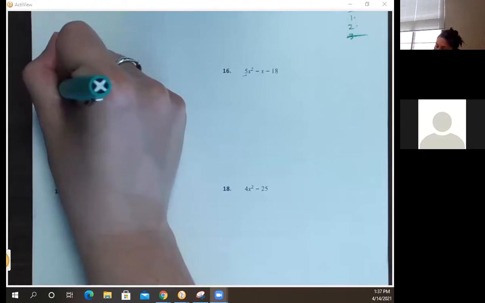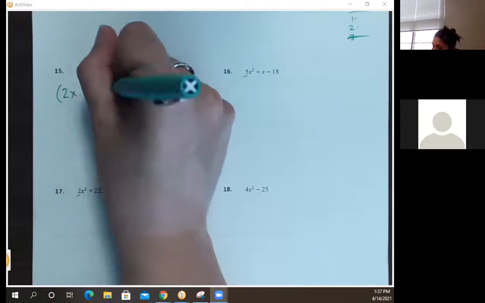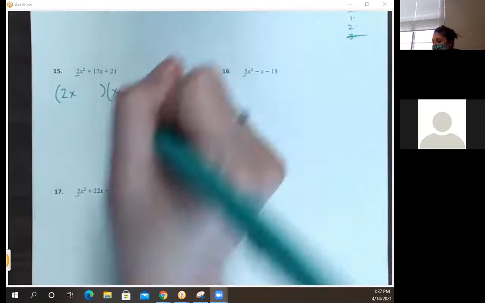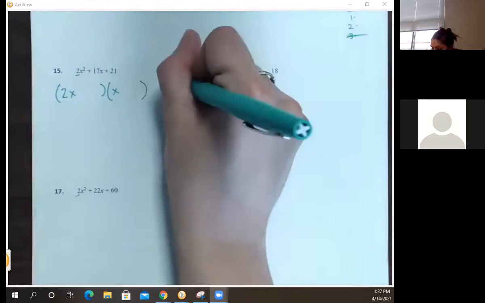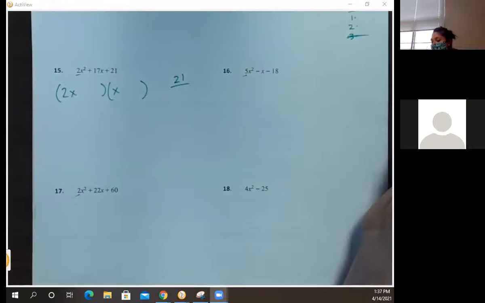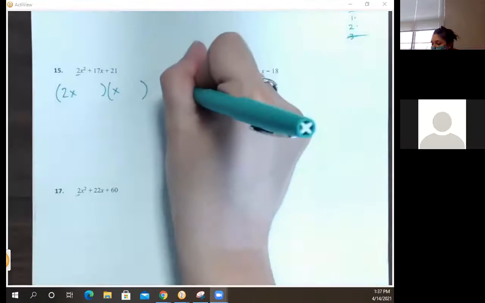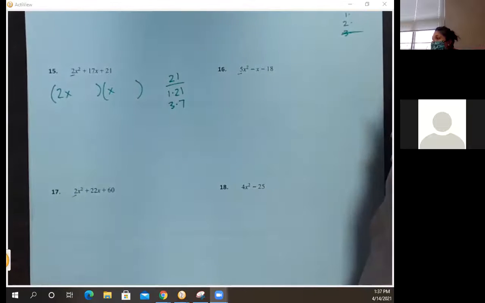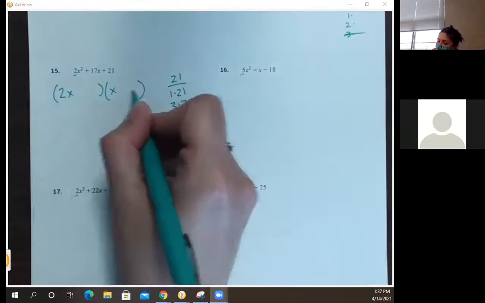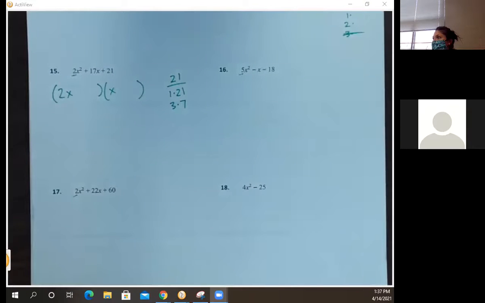That means that we're going to have to do that sort of guess and check factoring. Okay. So I would make your factor list for these. So factors of 21 would be 1 times 21 or 3 times 7. I'm going to need one of these factor pairs to finish off my factors here. So anybody have a guess or somewhere they want to start?